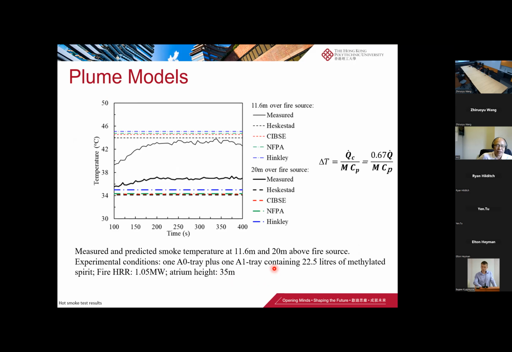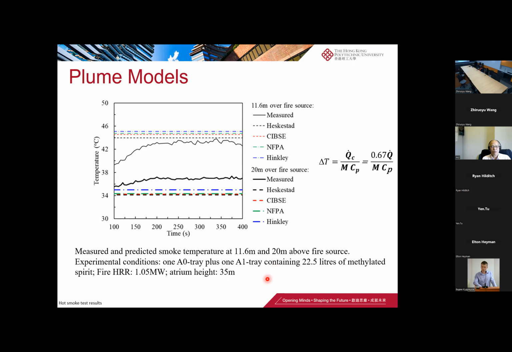With this assessment, we actually have done some experiments, but these experiments are not purely designed for verification of these four models, but are a hot smoke test. This is the requirement from FSD for atriums higher than 12 meters in Hong Kong. So for any space higher than 12 meters, the FSD authority will require a hot smoke test.